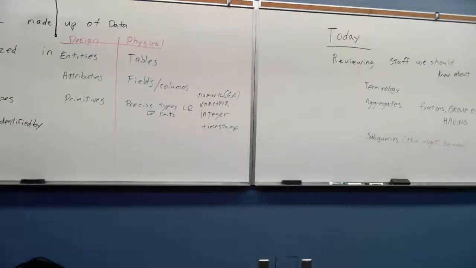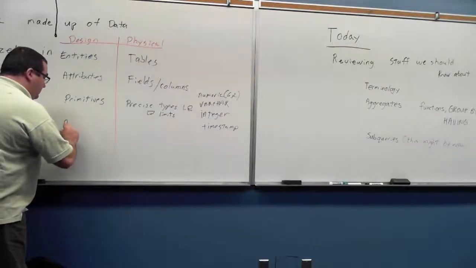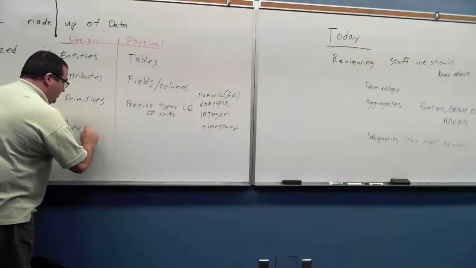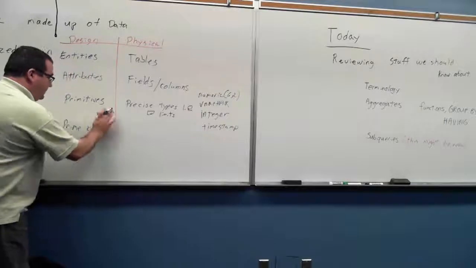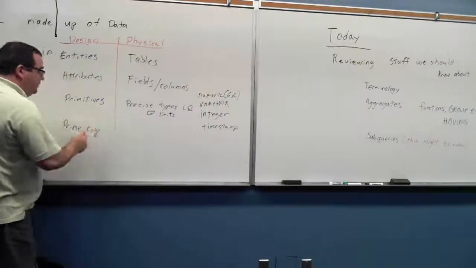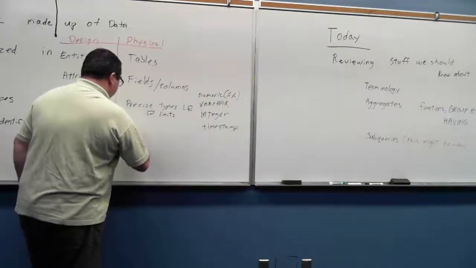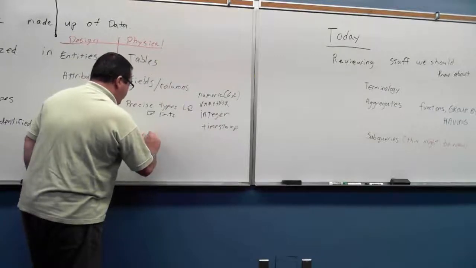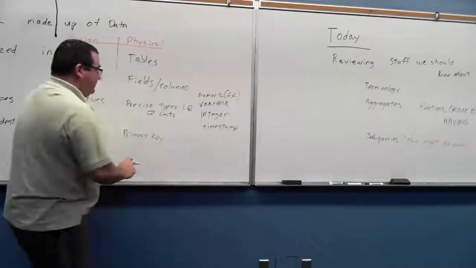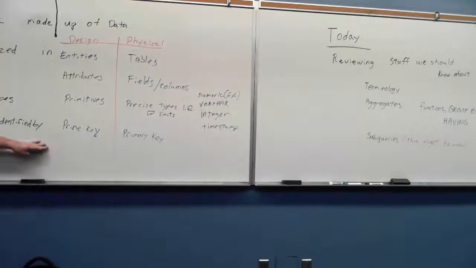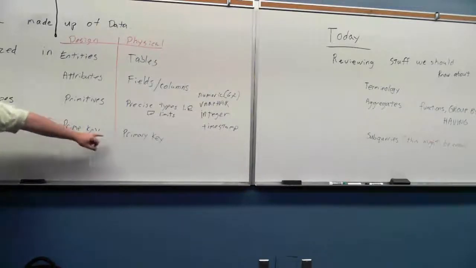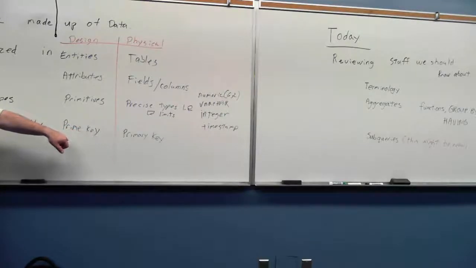And this is where terminology gets dumb. In the design world, the primary key is actually called a prime key. And that's not how you write the word key. In the physical side, it's a primary key. More and more, primary key is being accepted on both sides of that line.